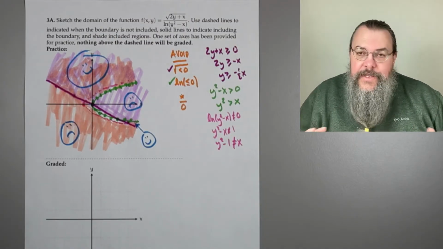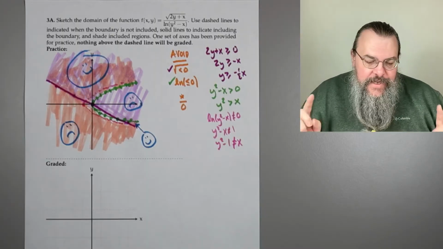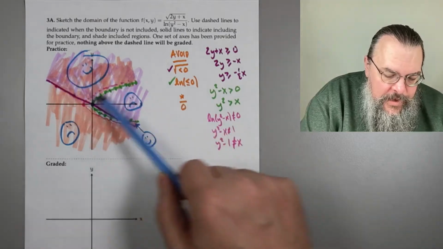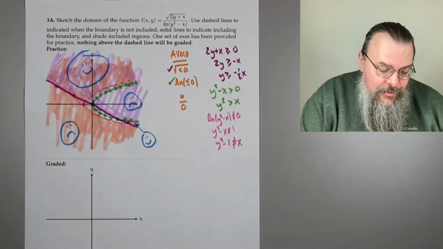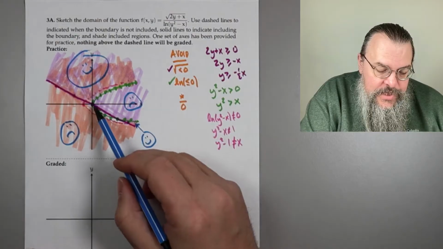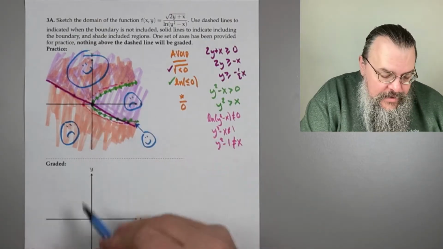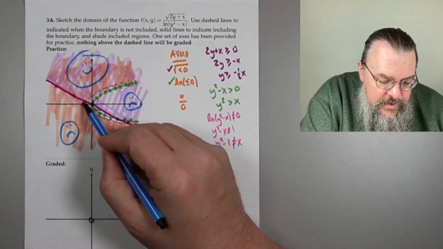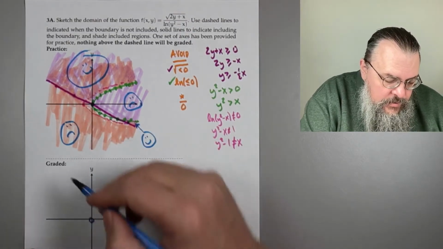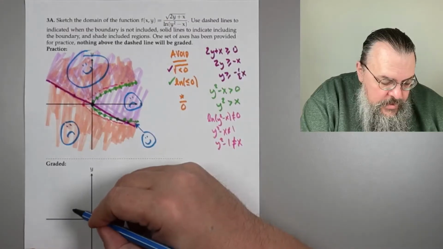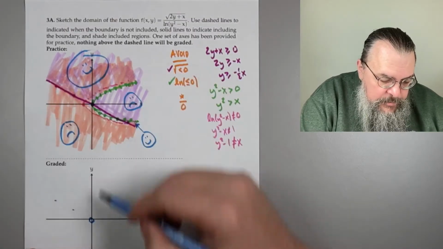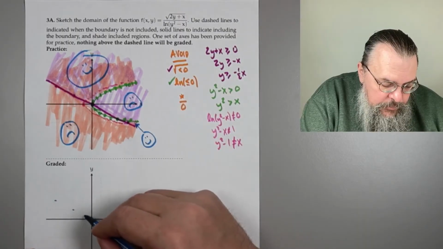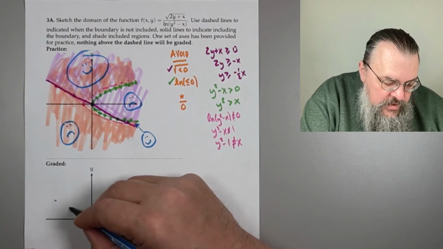So now let's start drawing. And we're going to be careful here. Let's work on this piece up here first. The origin is out. It's on a dotted line, so I'll put a little circle here. And then there's another point low over here. I'm going to quickly try to sketch this line, but keep in mind that there's a point nearby that's out.